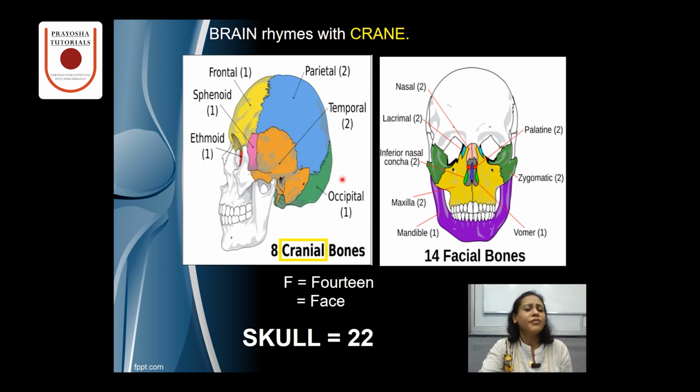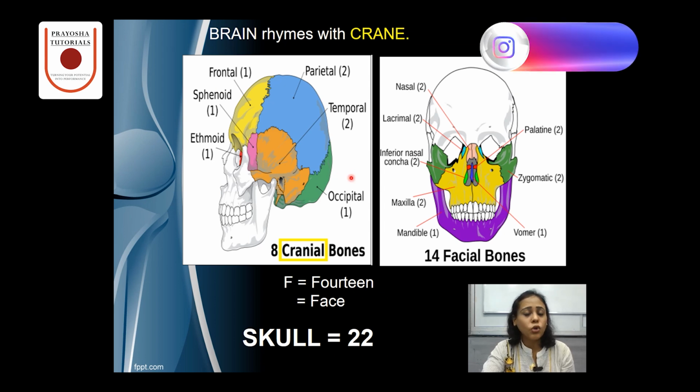For our school level we don't have to remember which are those 8 bones. So just the name, and for your reference I have given where they are placed and how many are in number. So the 8 cranial bones are your tightly fused sutural bones.